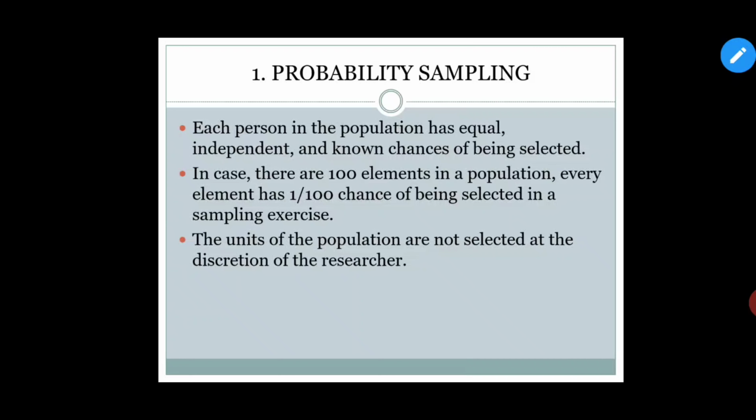That means, let us say there are 10 people in a population. Then each person has an equal chance of being selected. That is 1 out of 10. Okay? The units of population are not selected at the discretion of the researcher. That means the researcher has no power to decide who gets to be in the sample and who does not get to be in the sample.